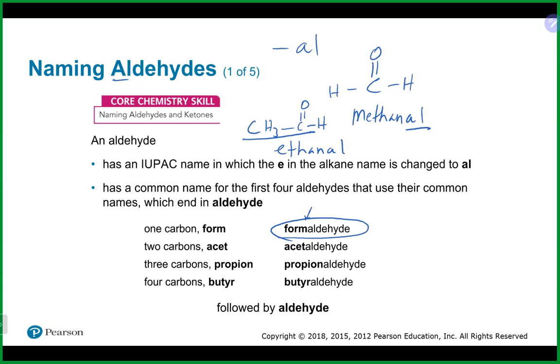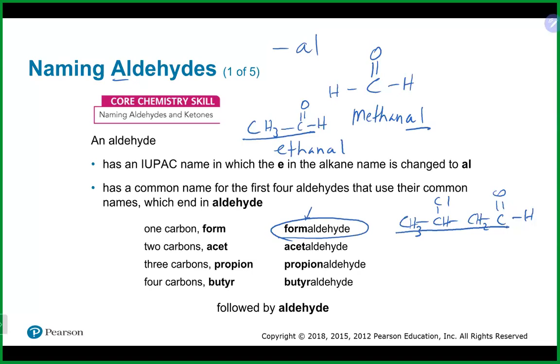So let's just say I had something like this, for example. The longest carbon chain that contains the functional group is 1, 2, 3, and 4, right?